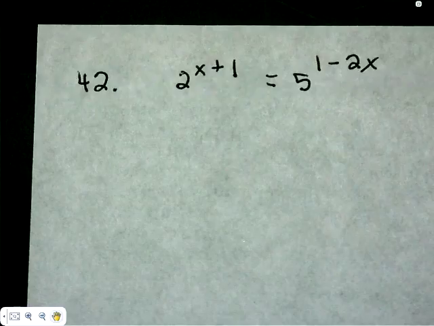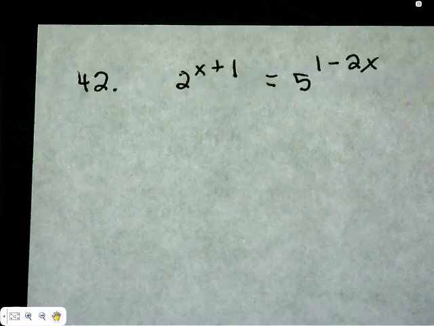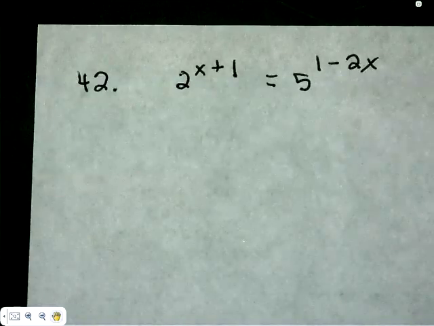That's case 2 on the handout, and it says if there's only one exponential expression, get it by itself. If there's one on each side, just make sure you have only one on each side. It's already in that form. Then what? It already is in exponential form.